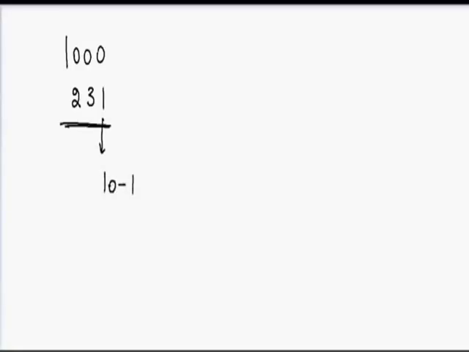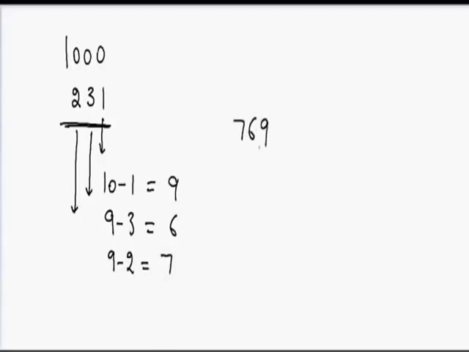So 10 minus 1 is 9. Then I'll take the second number and subtract it from 9. That will be 6. And then I'll take the third number and also subtract it from 9, equal to 7. So my answer will be equal to 769.